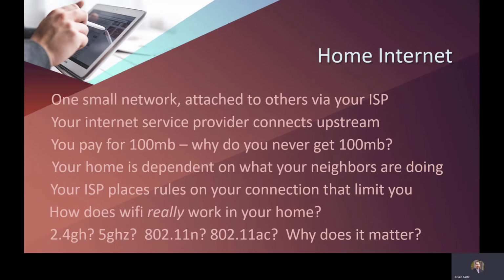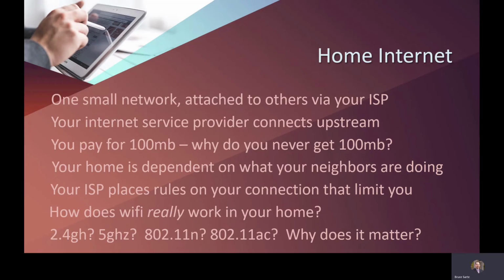We also talk about how speed works, and we talk about speed and coverage. That's 802.11, 802.11 AC. You see that on the boxes or on stickers on your computer, things like that. We'll talk a little bit more in depth as to what those mean and why it matters, because you're going to want to know that in relation to where you put the router in your home, and then how those routers work. Those are very important things to understand.